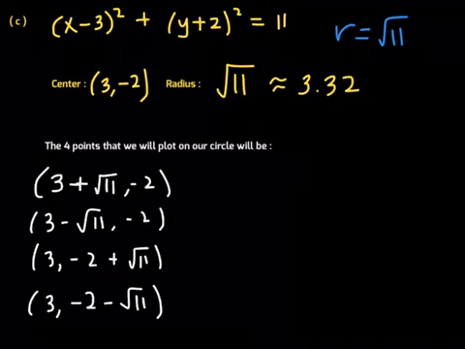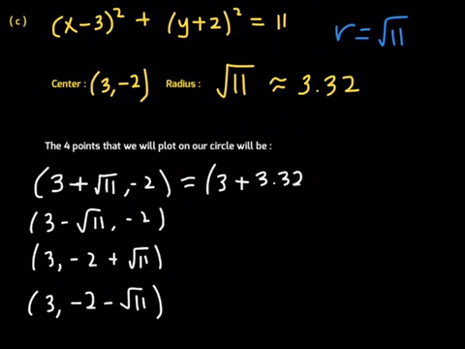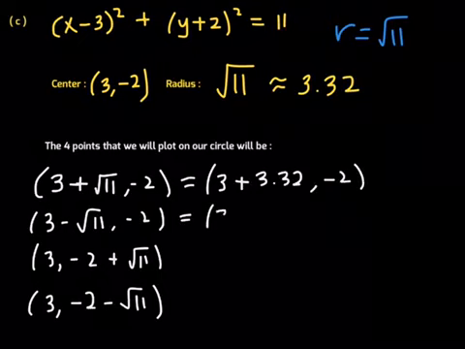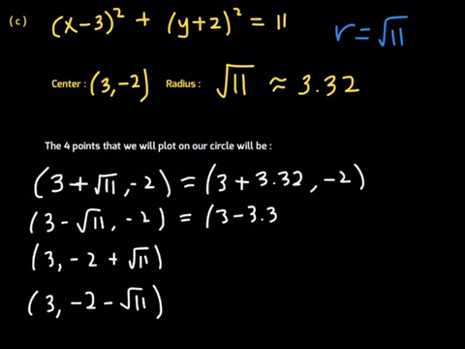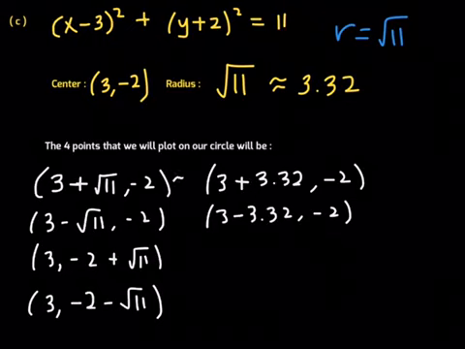Now, this is approximately equal to 3 plus, the square root of 11 is about 3.32, like this. This one would be 3 minus 3.32, comma -2. I want to really emphasize that these are approximations, because we're using an approximation for the square root of 11.